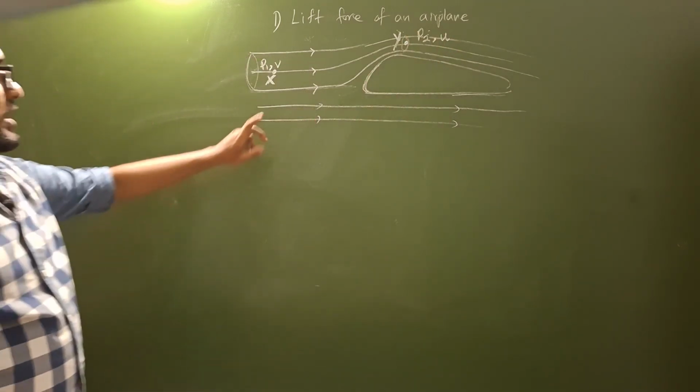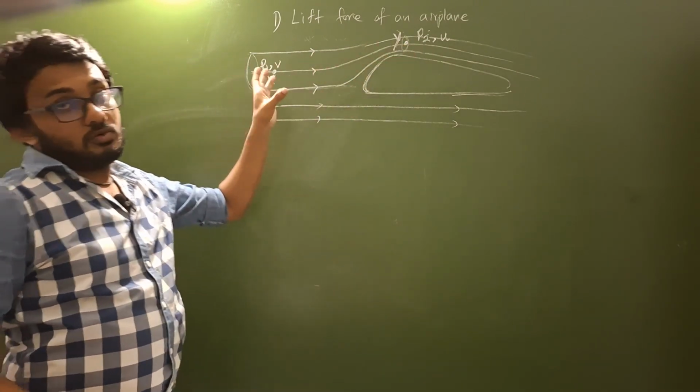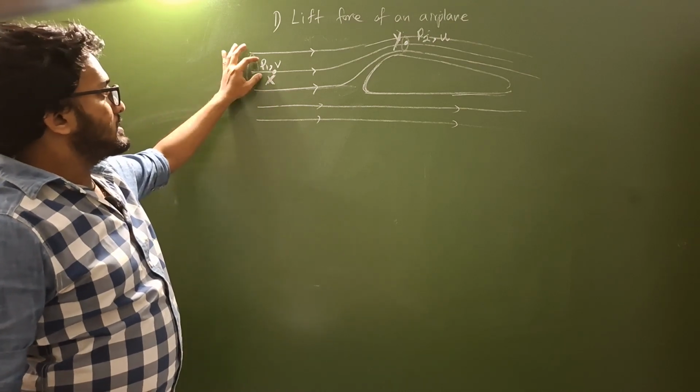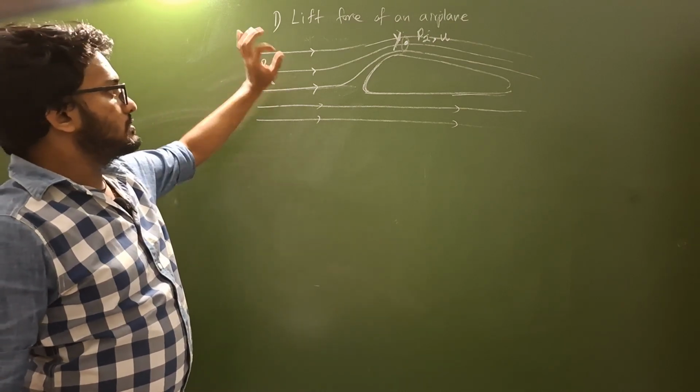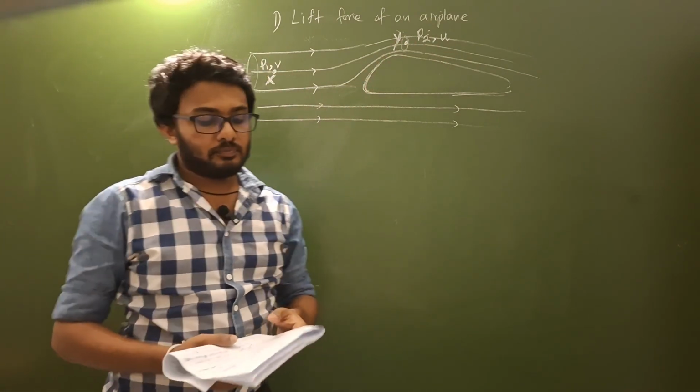Okay, now I didn't put arrows here, but from these notations you can understand what this is, right? This is pressure P1, velocity is v, this is P2, and velocity is u, right?